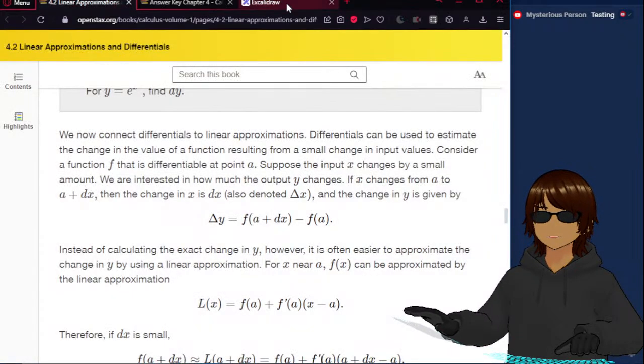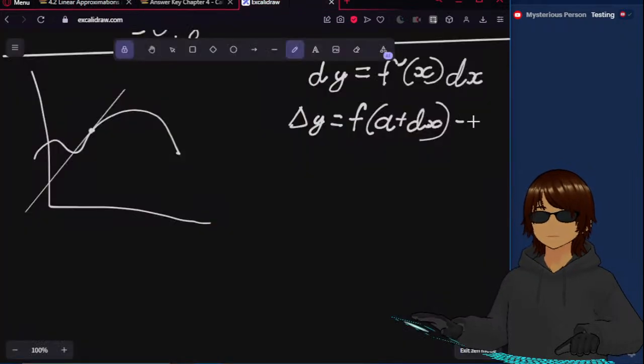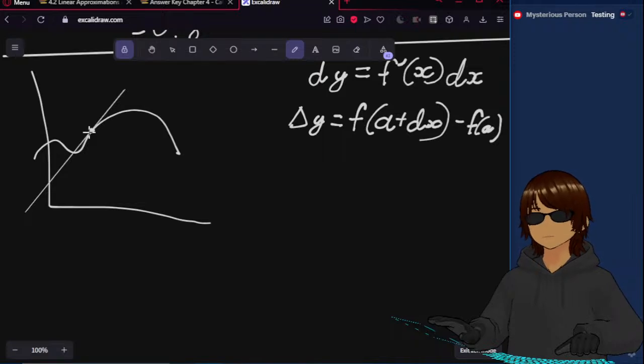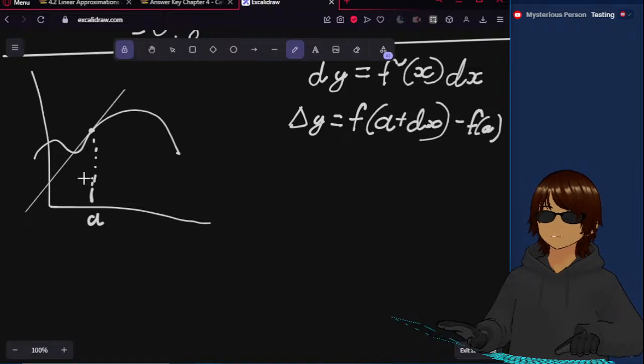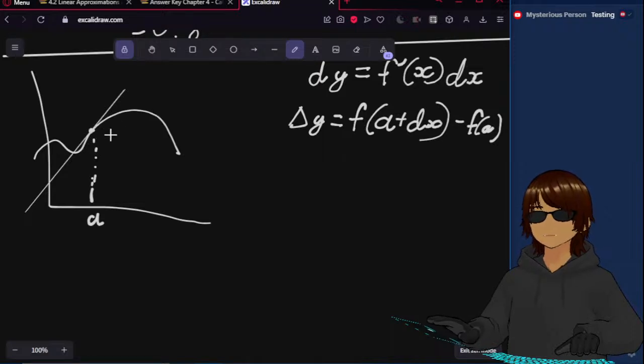F of a plus dx minus f of a. Here's a. F of a plus dx. So let's say, let's take a very large dx, just for the sake of example.